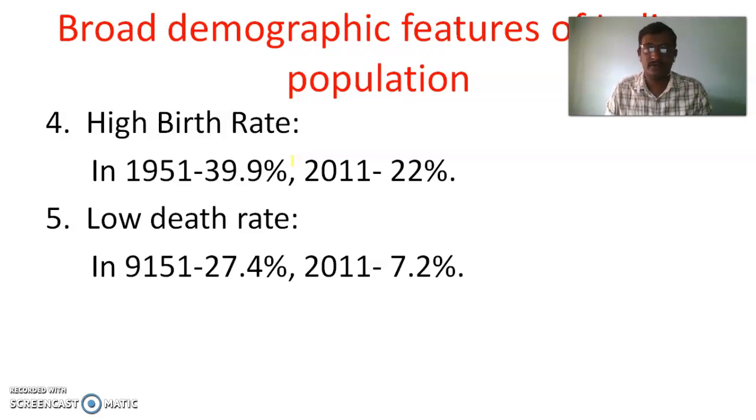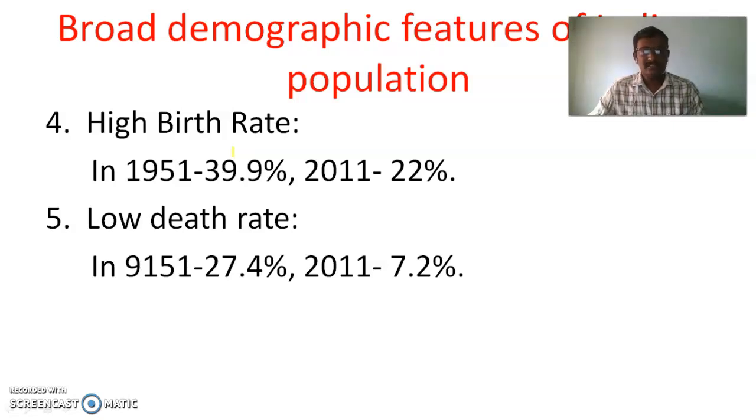It is because of the improvement in many facilities, such as drinking water facilities, and because of planning, as per the Planning Commission recommendation, some incentives were given to the people who were reducing births. And we have one popular scheme introduced by the government of India, that is the small family pension scheme, which plays a very important part in the reduction of the high birth rate.